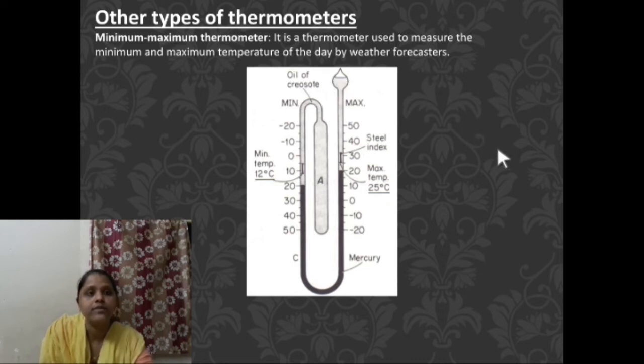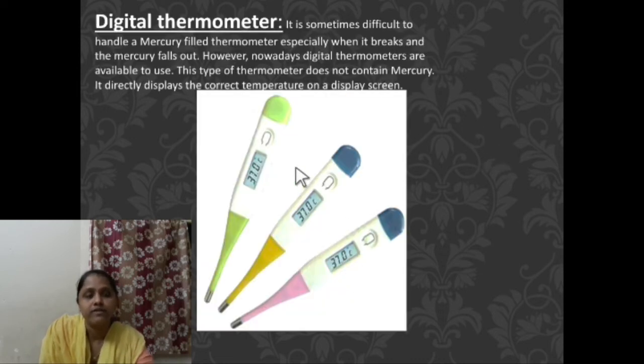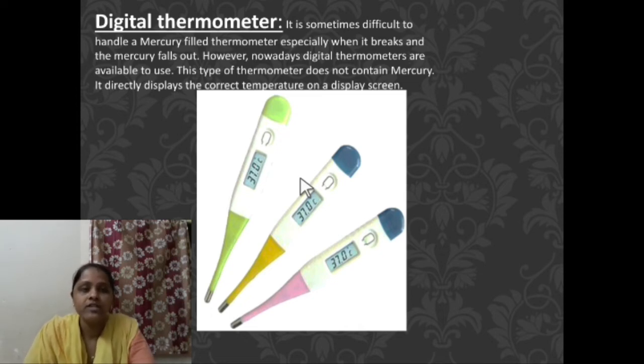Then the next type is the digital thermometer. It is sometimes difficult to handle a mercury-filled thermometer, especially when it breaks and the mercury falls out. What happens? Mercury is a non-disposable metal, and it is risky to handle and risky for our health also.